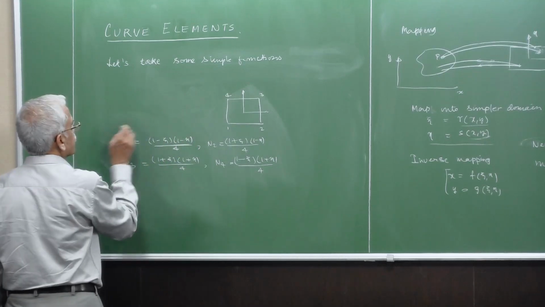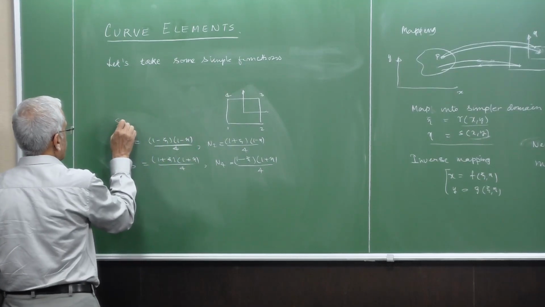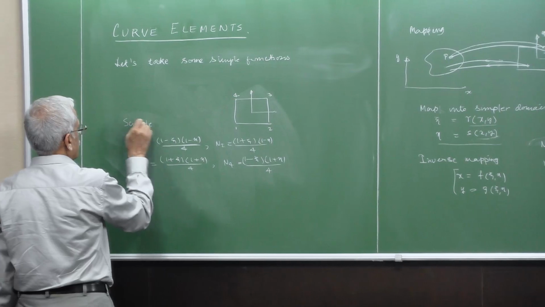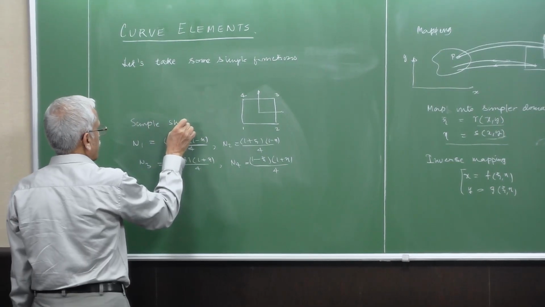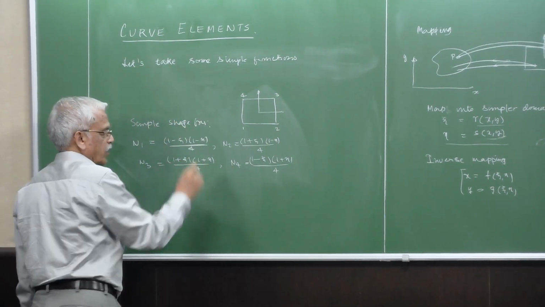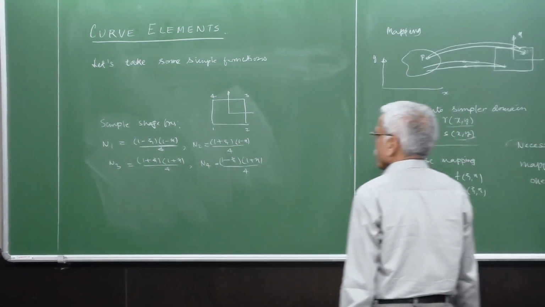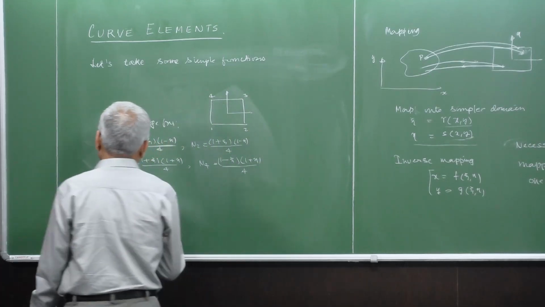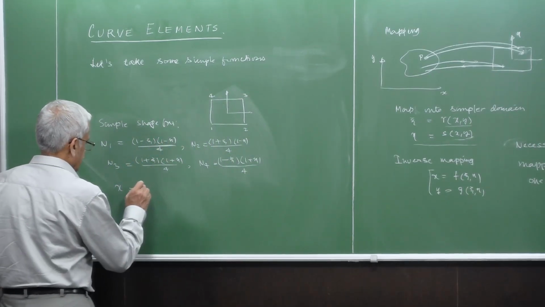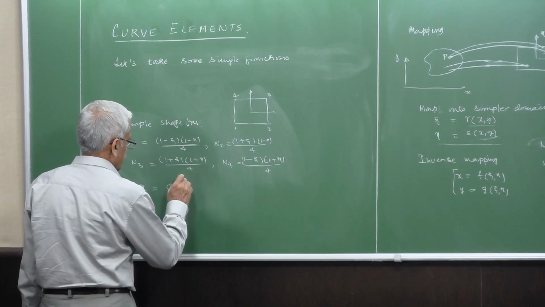Let's make use of simple shape functions. Okay, so if we take 4 shape functions here, we'll have 4 parameters. So let us look at this one. So examine this one. So x is equal to a1 n1.